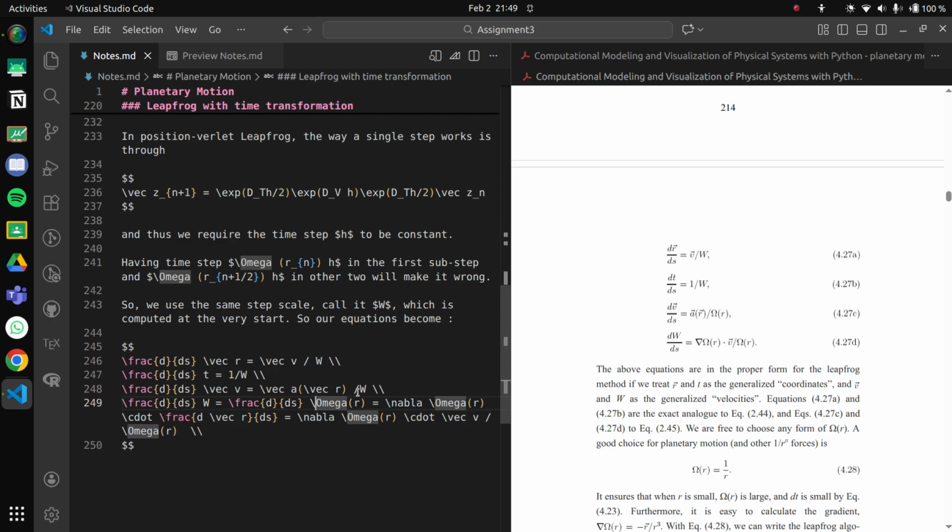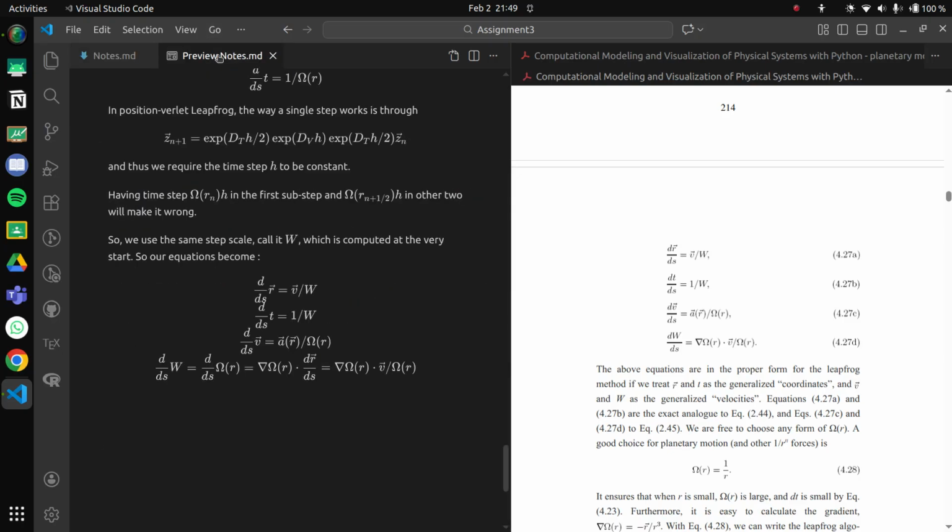So over here you can't have w, you have to have a function of r, which is omega of r, because w is basically omega of r, except we are writing these equations so that they can just directly be put into the leapfrog estimator.